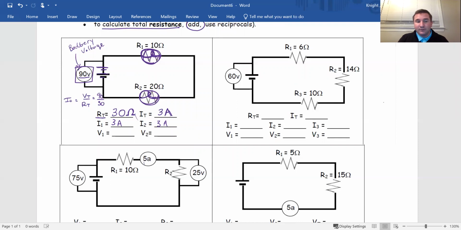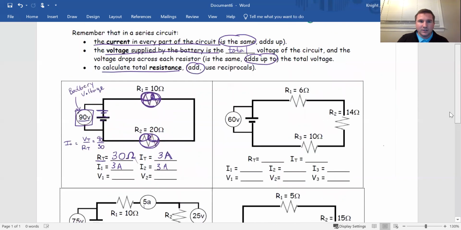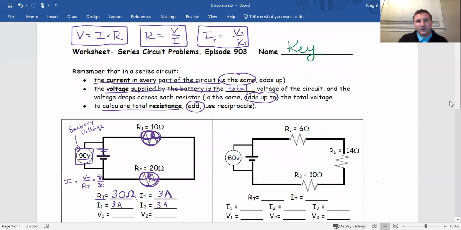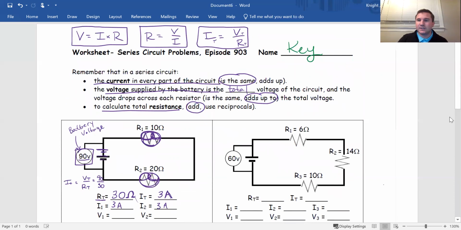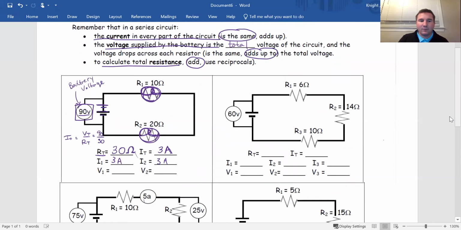But once we know the current everywhere, when we want to find the voltage being used, we have to use another equation because voltage is current times resistance. So if we come down here, I want to know voltage 1 and voltage 2, and voltage is current times resistance. Well, I know the current everywhere is 3, right? 3 through 1 and 3 through 2.